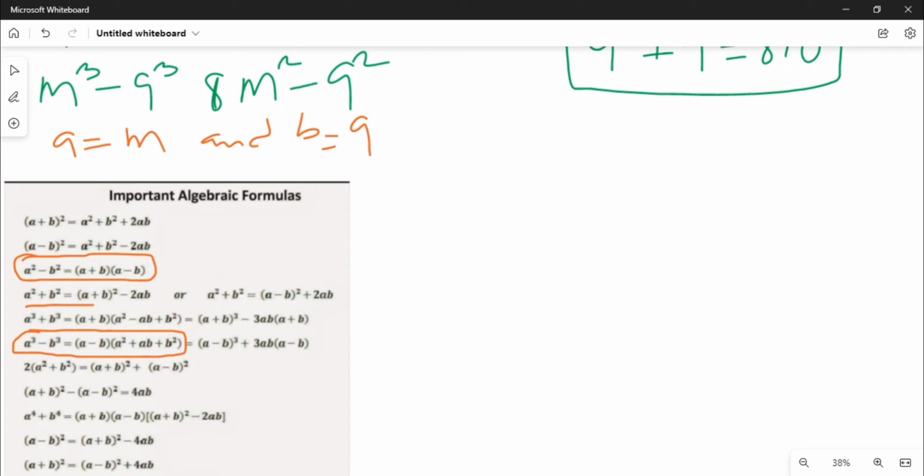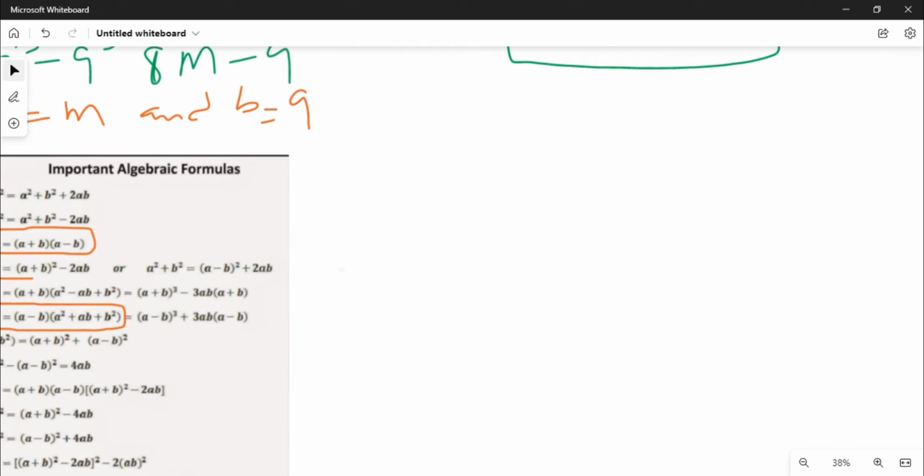Now let's apply that to this equation in order to get a solution to this question.